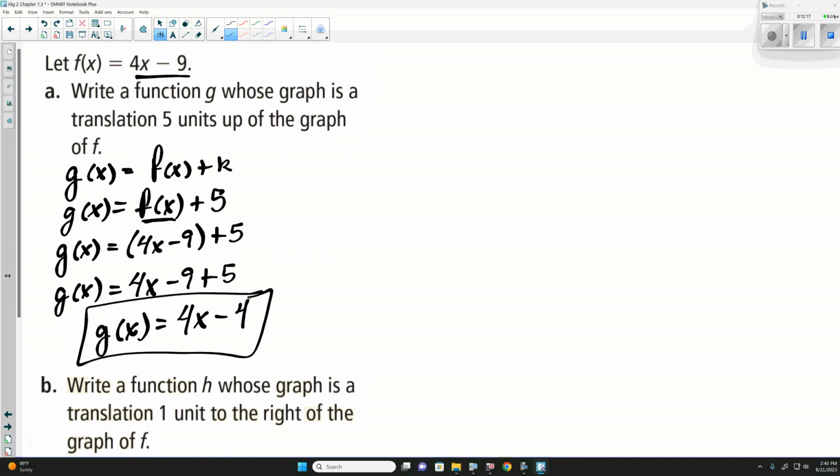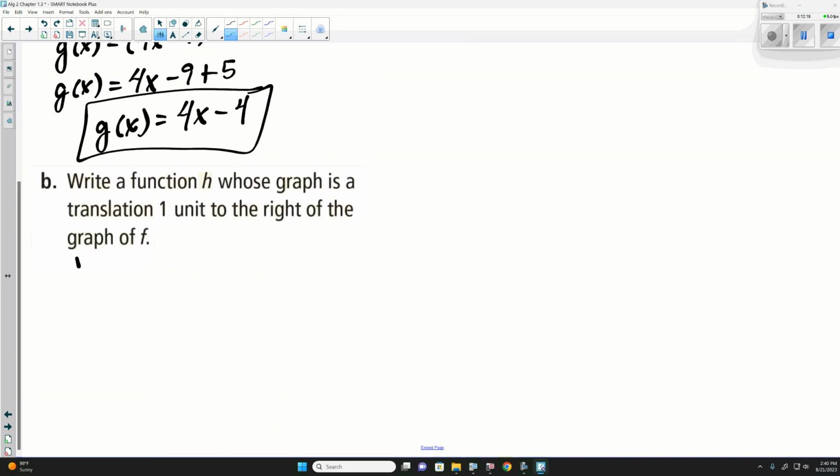Let's look left to right. Write a function h whose graph is a translation 1 unit to the right of the function f.